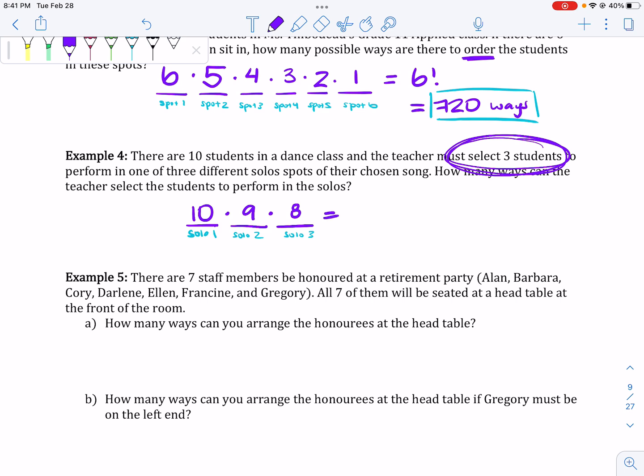And that's okay, because I didn't want you to think that we could always use factorials all of the time. The easiest way to plug this into my calculator is to simply go 10 times 9 times 8, which happens to also be 720.